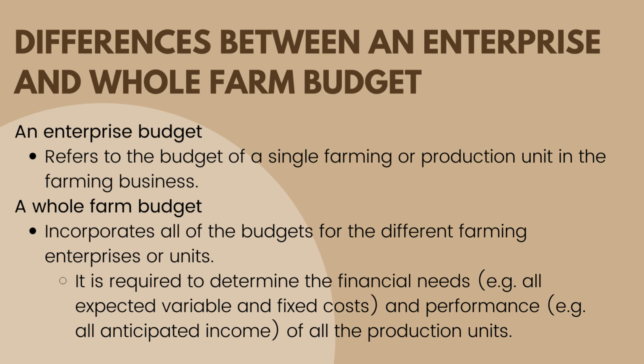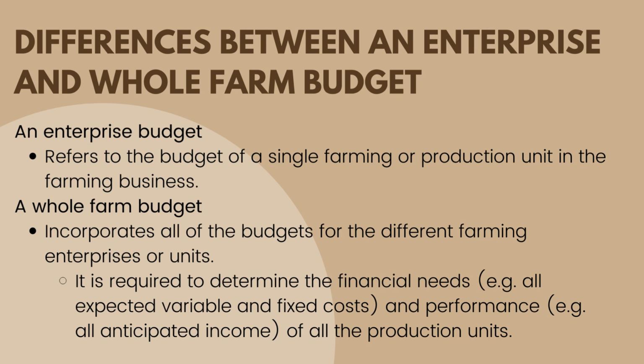The enterprise budget is the budget for one particular enterprise, a single farming enterprise on that farm, for example, maize production. But the whole farm budget incorporates all of the budgets on the farm. It combines all the farm enterprises to show the net returns of the farm business, right?